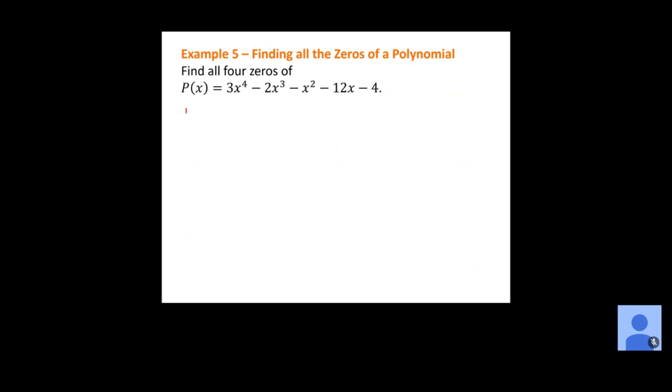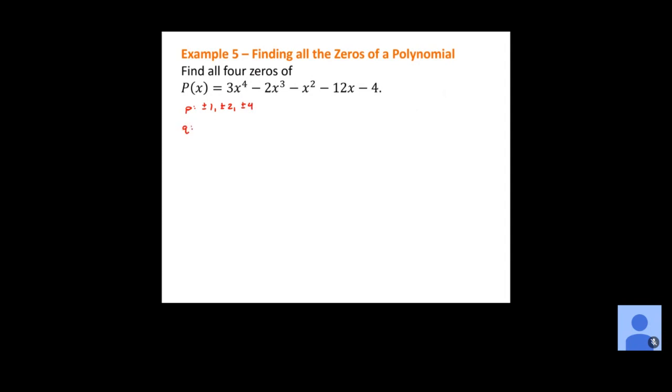So if we do that here, values of P this time are going to be what? Good. So 1, 2, and 4, right? So we have plus or minus 1, plus or minus 2, plus or minus 4. Those are the factors of 4.